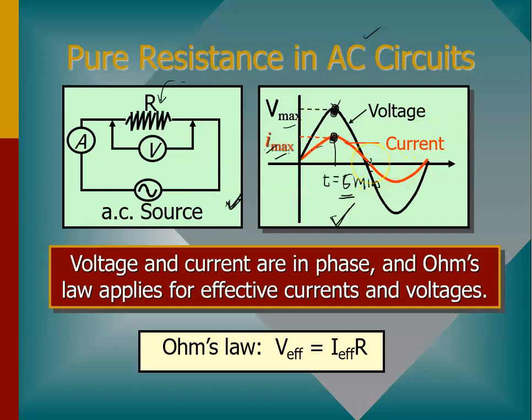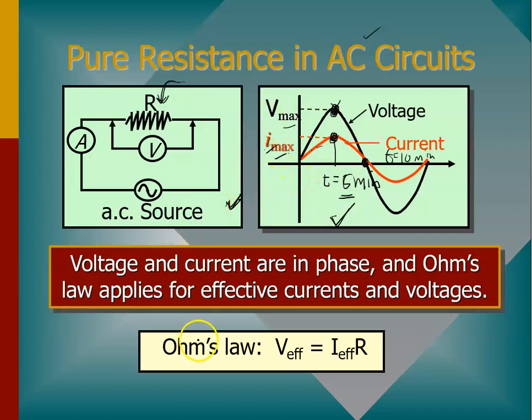And at this point, let's say t equal to 10 minutes, it is discovered that V maximum and I maximum are at 0 value. Okay, so this is the meaning of in phase value. Now this only happens when I add a resistor inside my circuit.